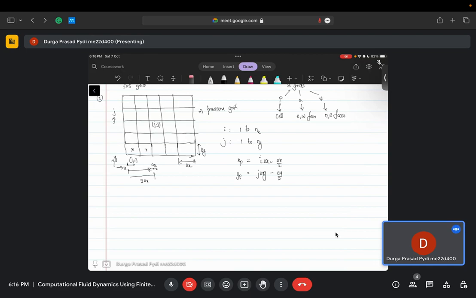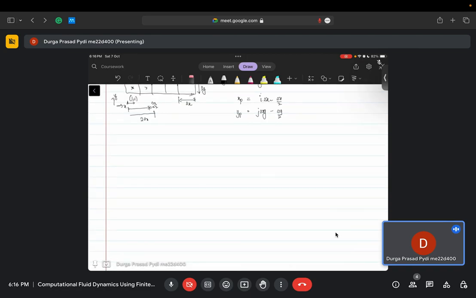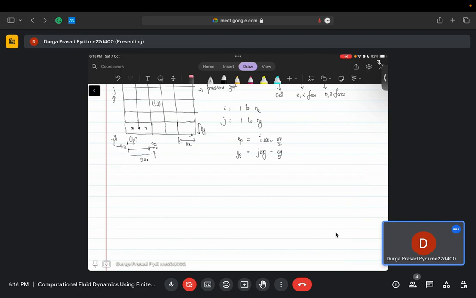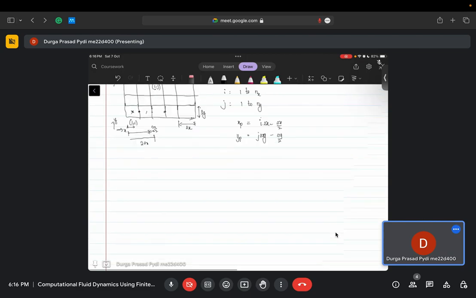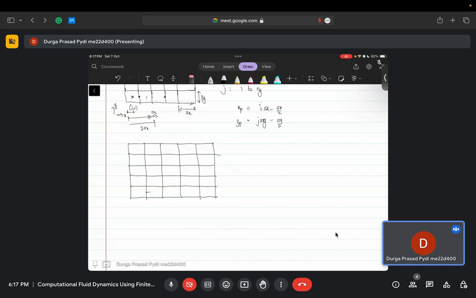Now how do I store my u and v velocities? If you consider each of these cells, this is my east, here I will store my u. Or maybe let me draw a separate one so that it will be clear. I will store my velocities on east and west faces.